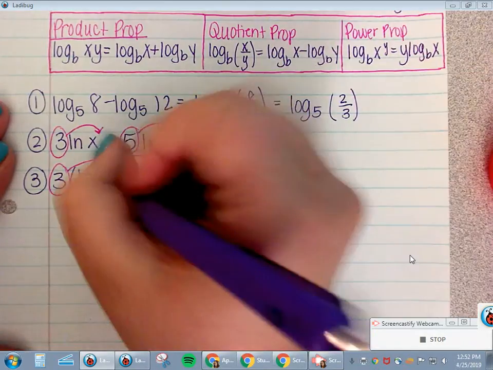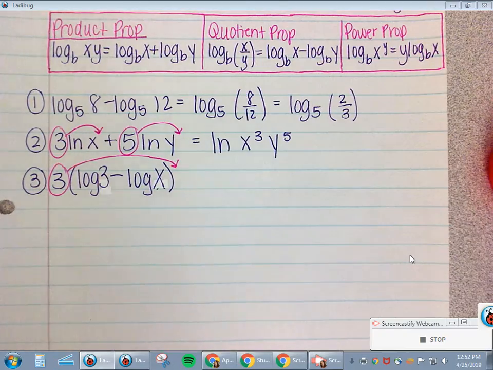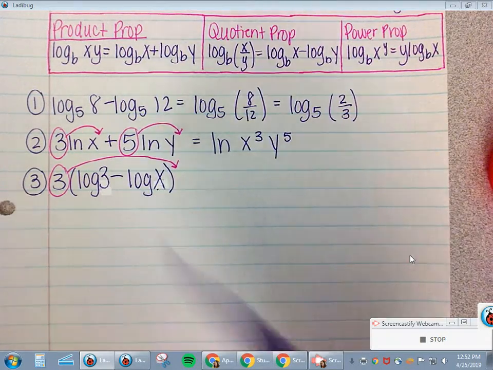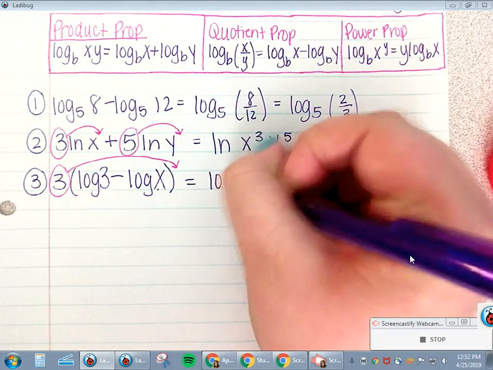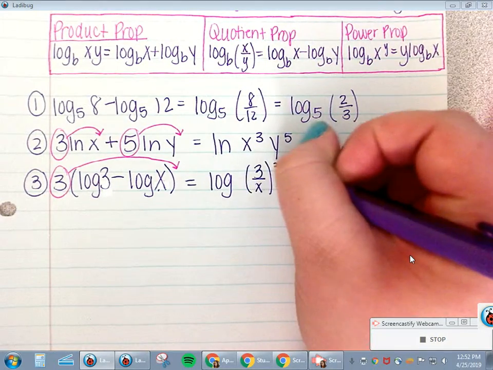Let's make these be common logs. There we go. So now they're the same base. If they're not, you can't do any of this business. So on the inside, I've got 3 over x, and then it's all to the 3rd. Log of 3 over x, and then it's all to the 3rd.